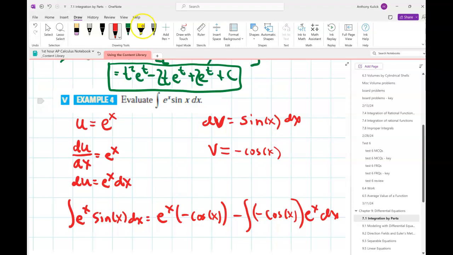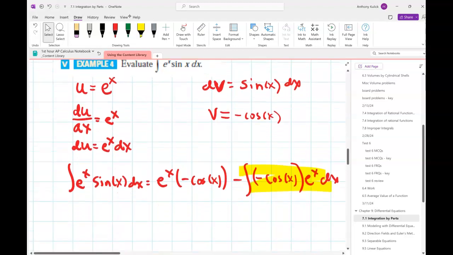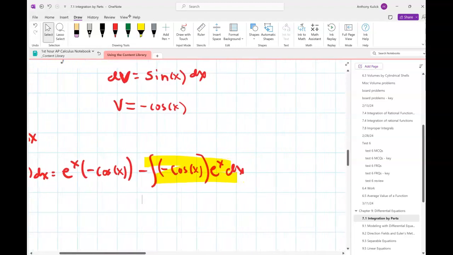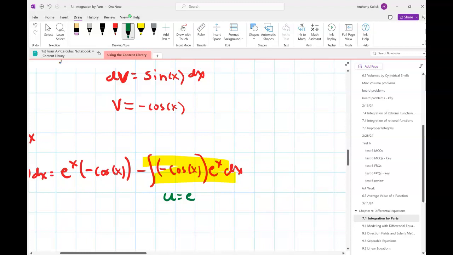Now look here. Look what I have. Did that get any easier? No, but at least it's not any harder either. Right? So maybe we try this again. And let's just do that.